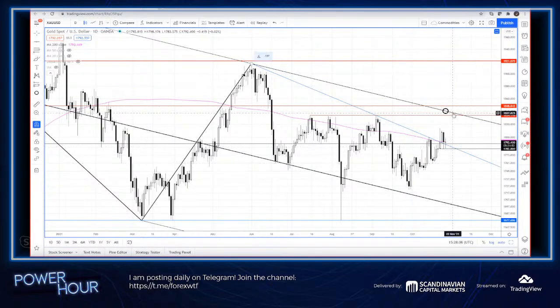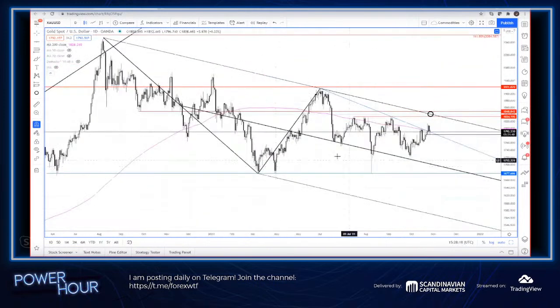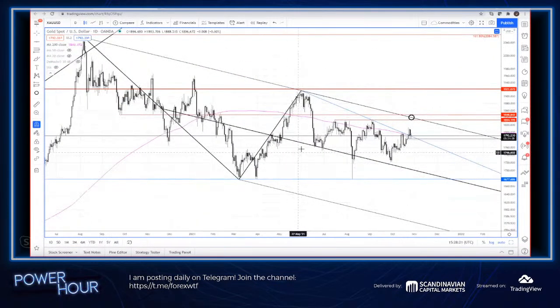Looking up towards the bigger channel line, which again is off that August 2020 high, and then June high of this year. And just like we were talking about with dollar Swiss, the center line action. Look, the center line here was support. Remember we had that big flash crash in August.